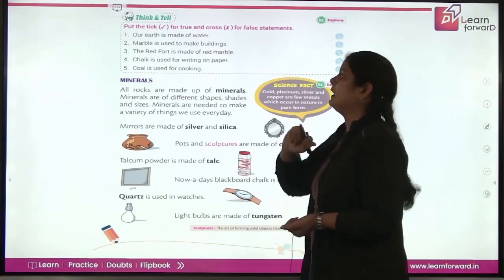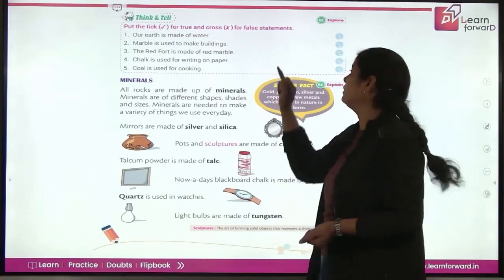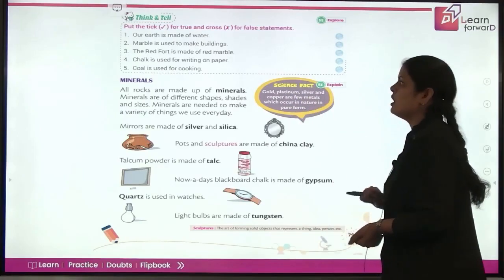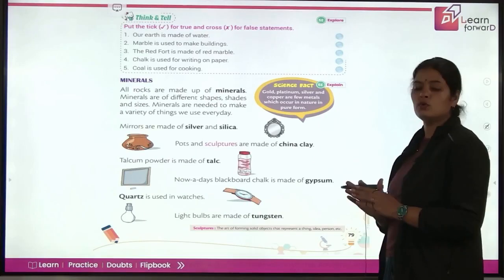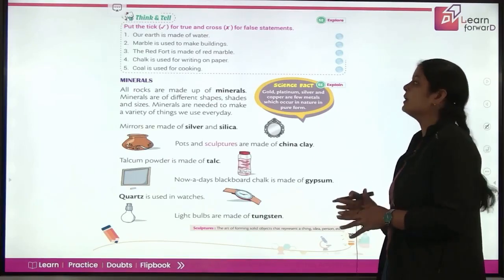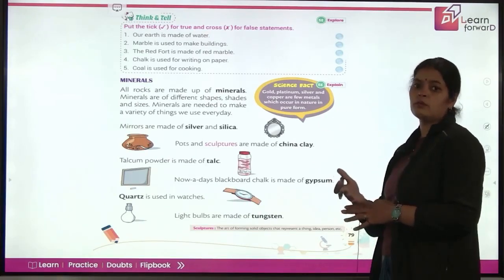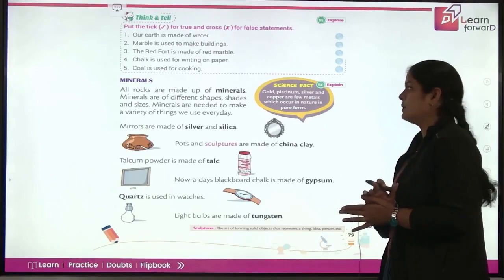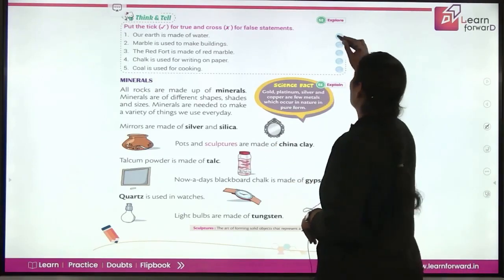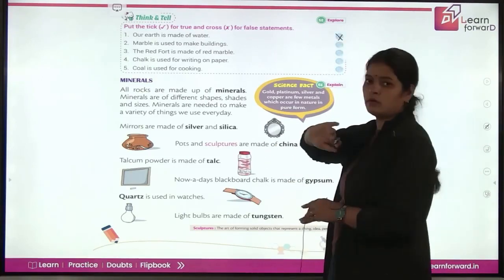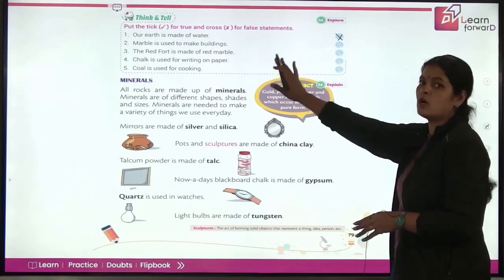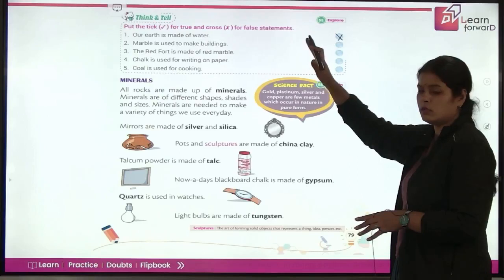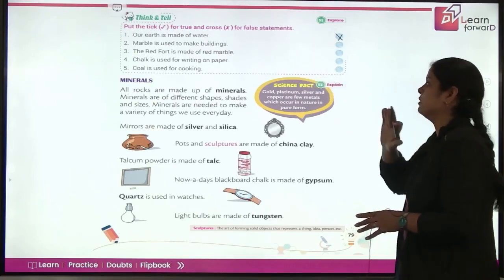So think and tell. Put a tick for true and a cross for false statements. Our earth is made up of water. It is made up of water, no doubt about it, but here, talking about the earth, because inside the earth is also present, it is made up of rocks and stones. So I am putting a cross here. According to this chapter, earth is not made up of water, but of rocks and stones.